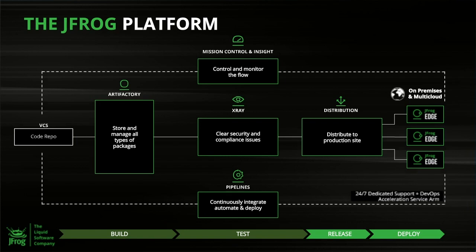So JFrog Distribution allows configuring the actual bundles, release bundles that you want to distribute, and we allow installing or setting up edge nodes very near the faraway locations where the software needs to be consumed or deployed, and JFrog Distribution can work together with those nodes and deliver the software there.